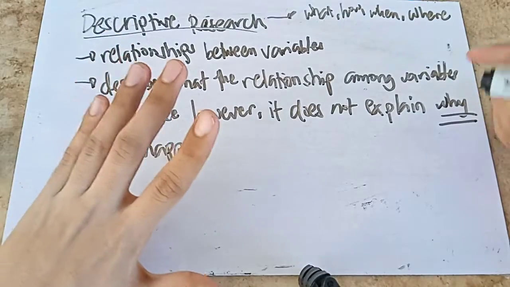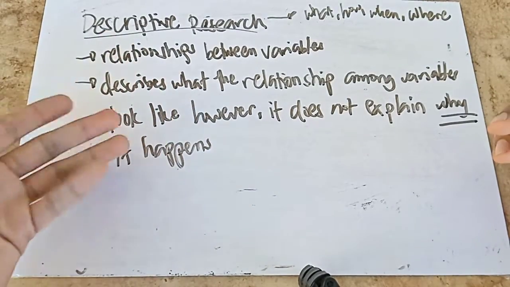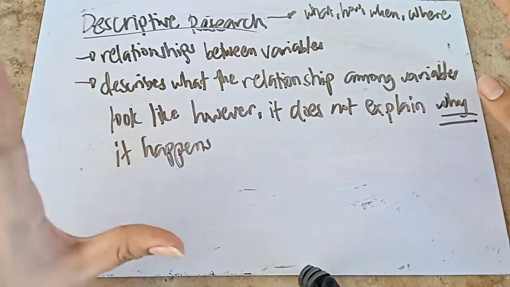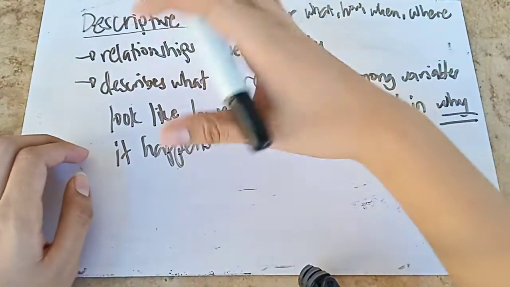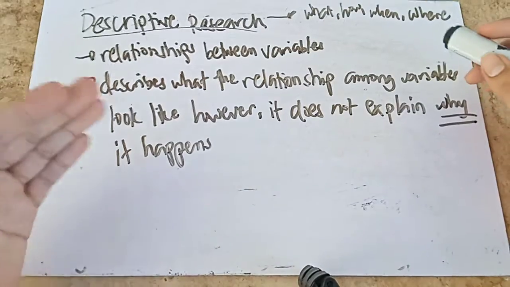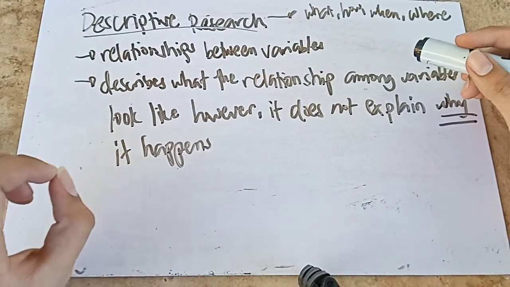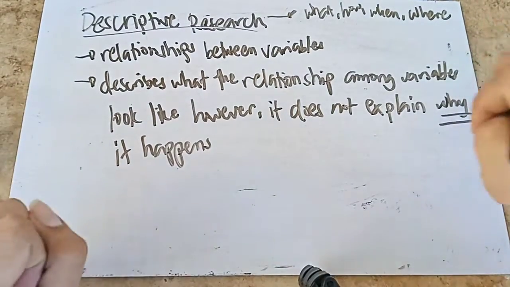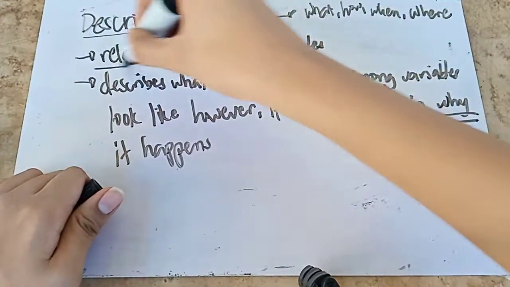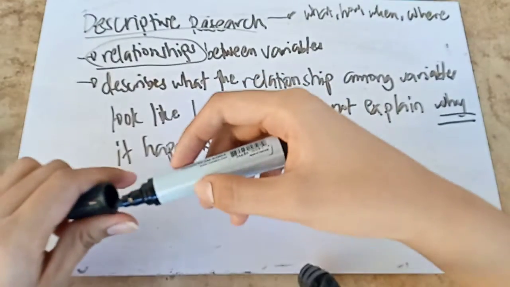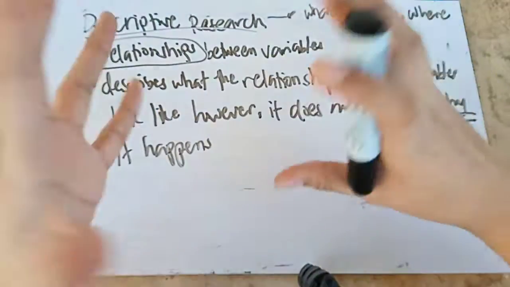So later on, we will try to differentiate the different kinds of quantitative research. But first, let us focus on descriptive research as a type of research according to the level of investigation. When we say relationships, it is still a broad term.